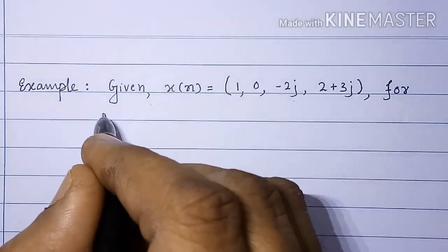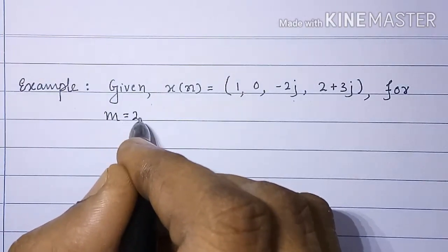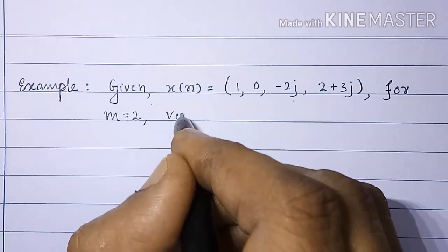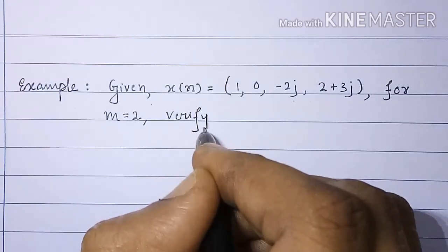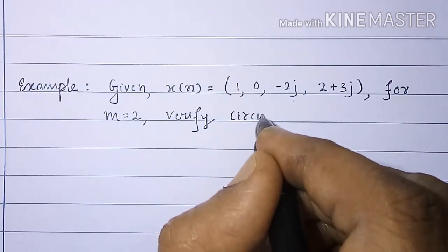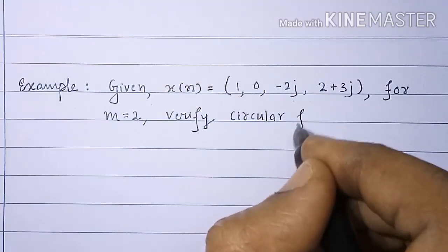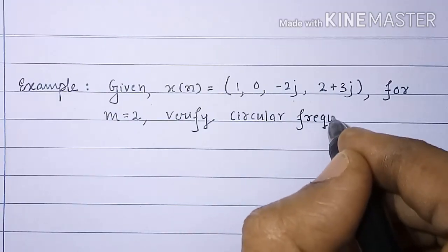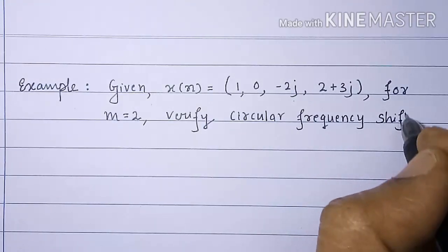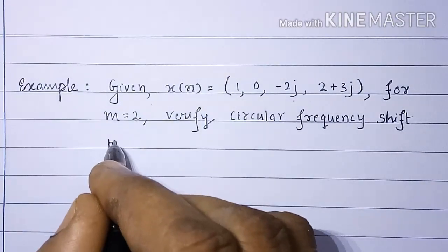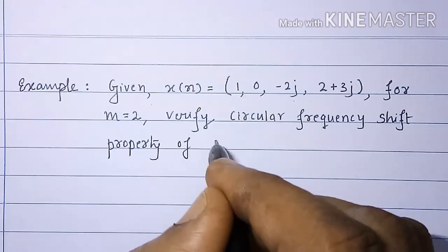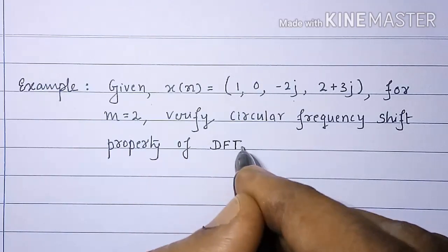For m equal to 2, verify circular frequency shift property of DFT.